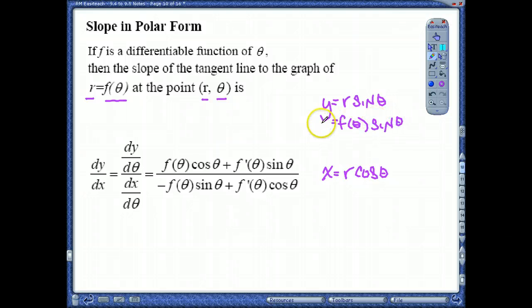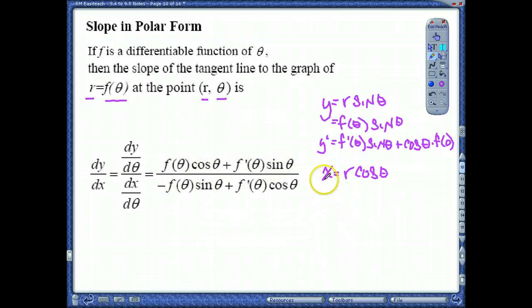So when they ask us to find the derivative, we're using a product rule. So we would take the derivative of the first times the second as is, plus the derivative of the second times the first as is. So that is our numerator, dy over d theta.